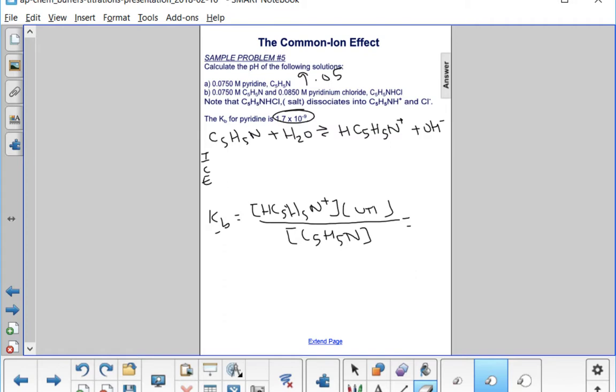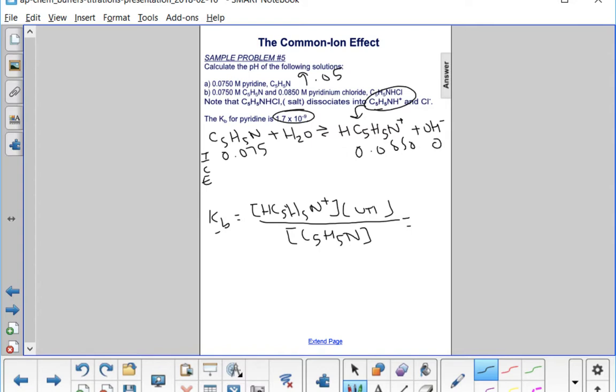Okay, so let's see. We start with 0.075 C5H5N, and then this salt, we're told that it dissolves into this, right? So we have a concentration of that from the pyridinium, 0.0850.